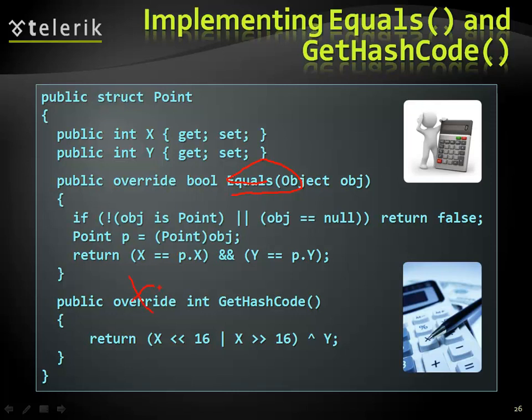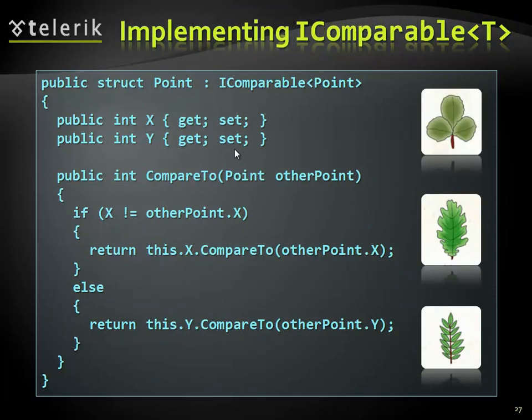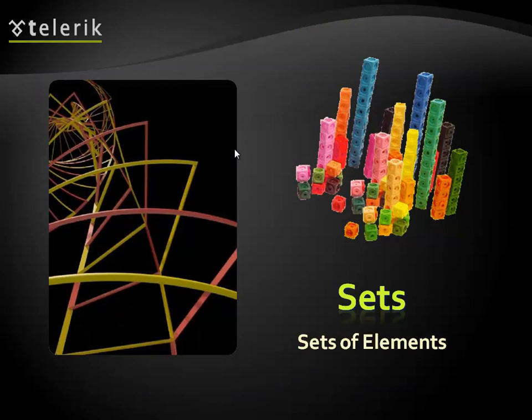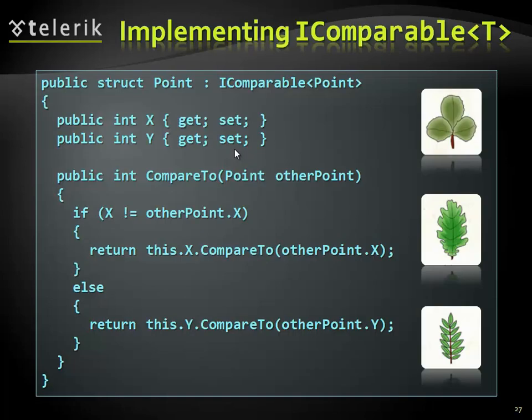X dot equals p dot x, and the same thing for y, and return that. Don't use this. It's not very good code, in the general case. Okay, so that's how you implement a dictionary with comparables, and then you can create a dictionary with points, for example, with points as keys.